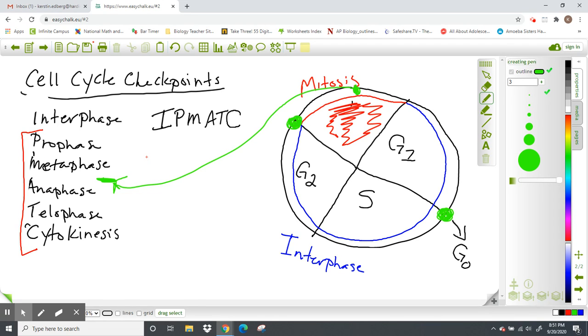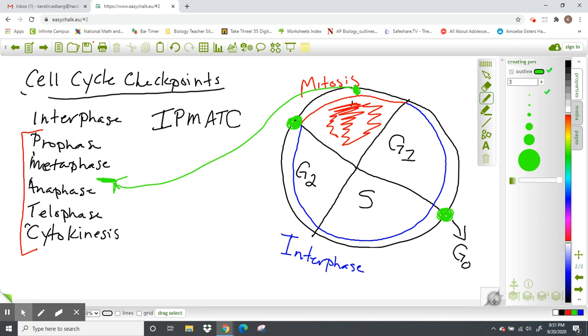Especially at this third checkpoint, it's making sure all those sister chromatids have separated and there's not any non-disjunction happening. Non-disjunction is the failure of those sister chromatids to separate. So we're making sure that everything's separated like it was supposed to and lined up in the middle and all that stuff. So that's the gist of the cell cycle.